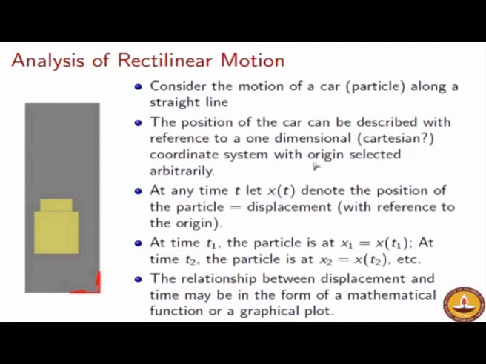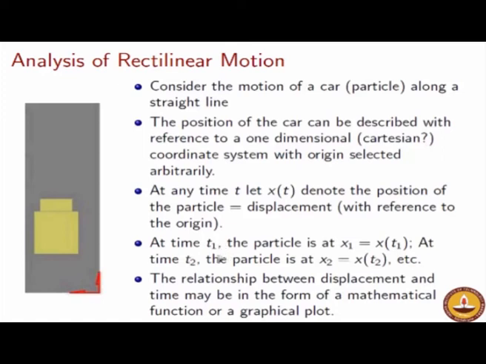But the only issue is that the origin can be selected arbitrarily. Whatever be the choice of the analyst, the origin can shift between two analysts. At any time, x(t) will denote the position of the particle, which is the displacement with reference to the origin.